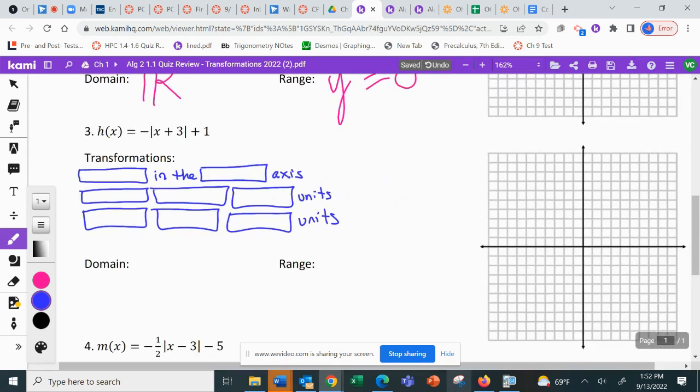And then I'm also going to graph my parent function while you guys are doing that.